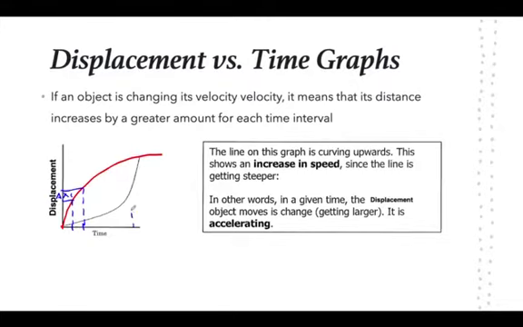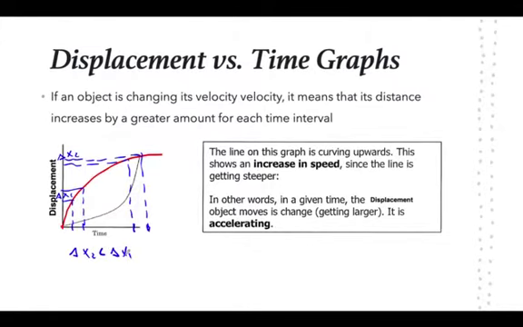And if I do the same time interval over here, then I can see that the displacement is a lot less. So I can say that delta x2 is less than delta x1.